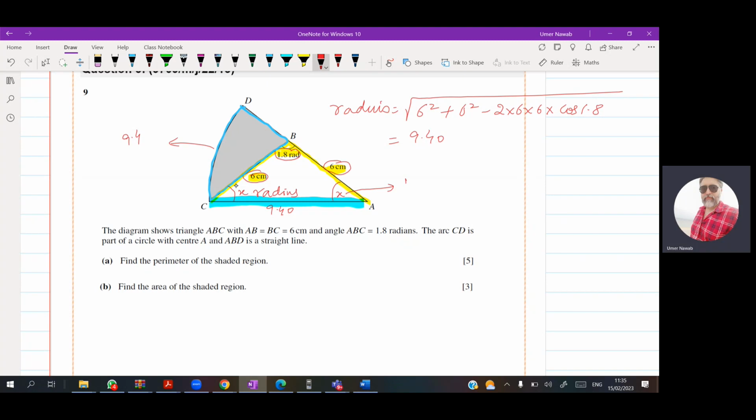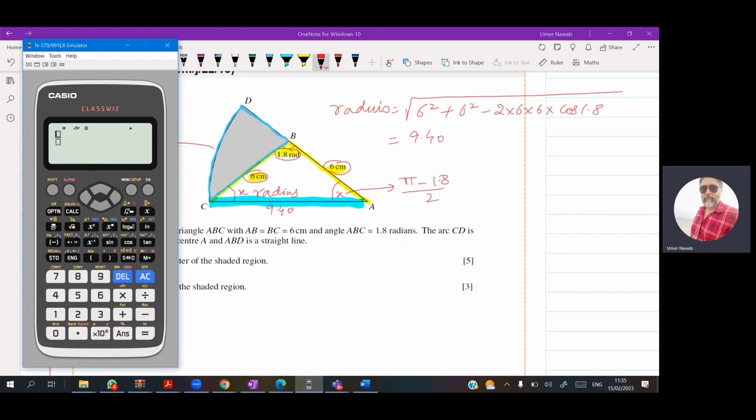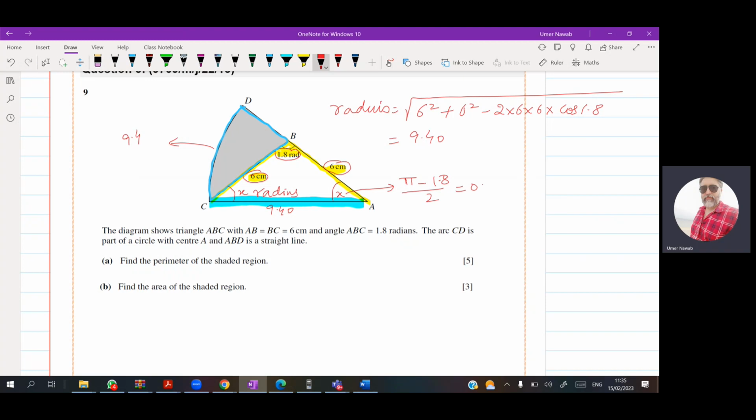The sum of the three angles in a triangle is 180, but in radians, pi. Pi minus 1.8, divided by 2. Let's calculate it on the calculator. It gives you 0.671, to three significant figures.